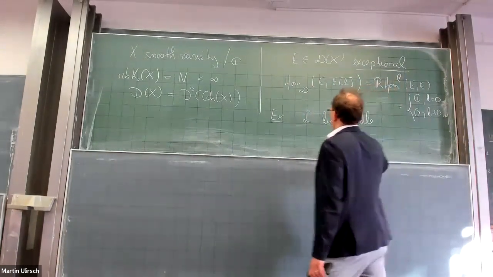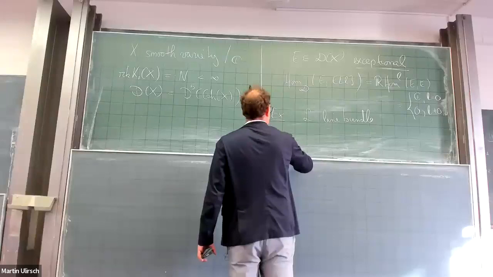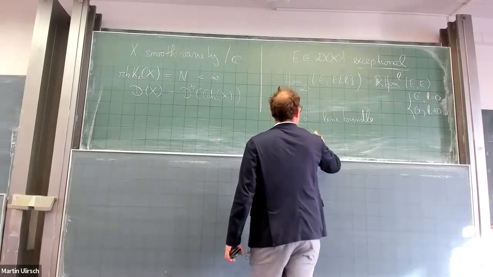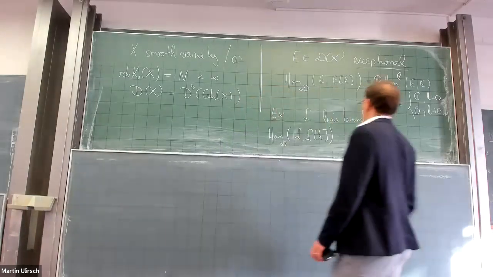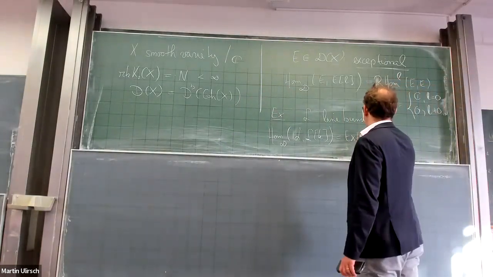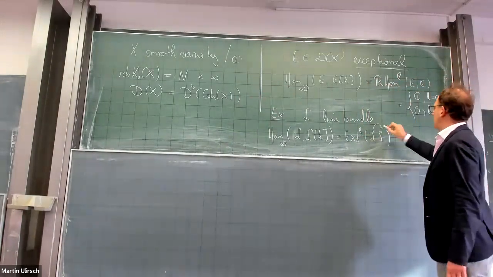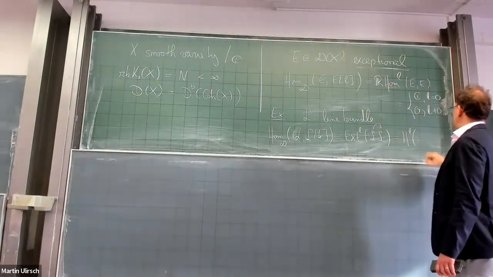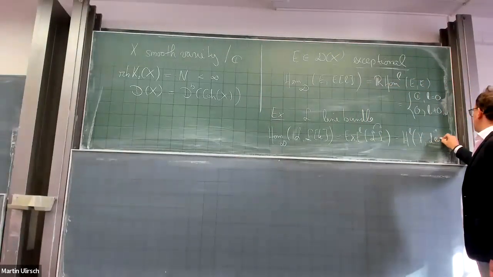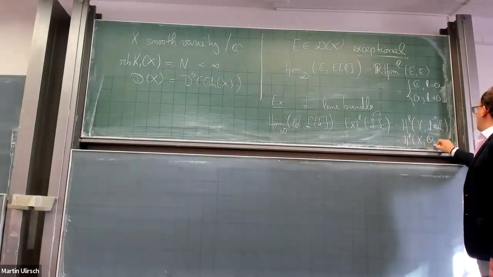So what does this condition mean? Here I have the derived category, and let me call that K. So that would be the Ext functor of L over L. And then you bring that to the other side, and what you get is essentially the cohomology of L^{-1} tensor L, that is the structure sheaf O_X.